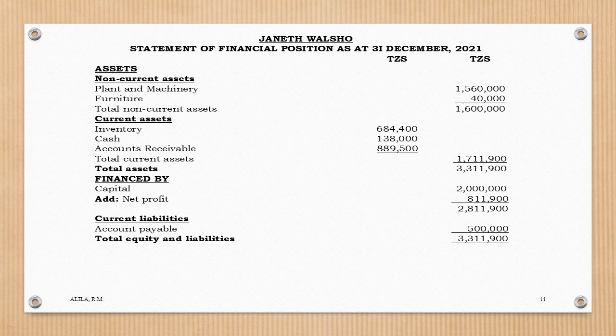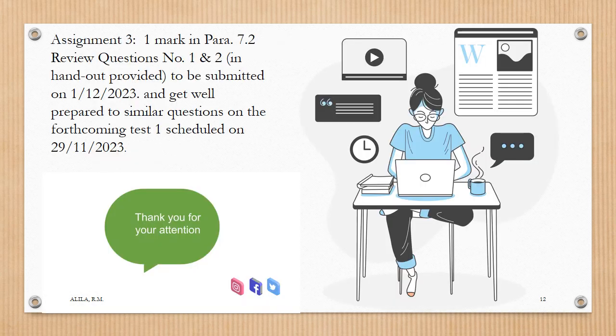So these are our total assets. These total assets are financed by capital, and we add the net profit, and we add also a current liability, which is accounts payable. So at the end of the day, that is how we prepare a statement of financial position without any adjustment.